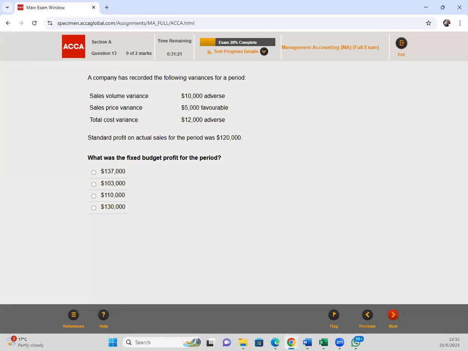Using what I have given. Let's be fast, please. So standard profit on actual sales is given. The standard profit on actual sales is 120,000 plus the sales volume variance.